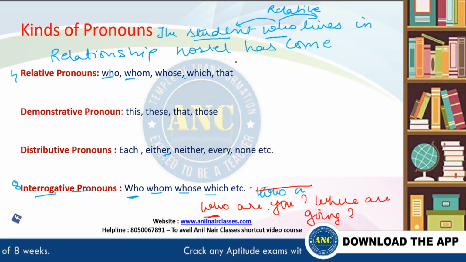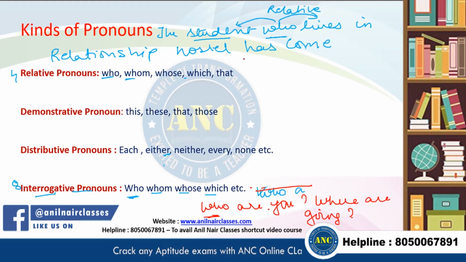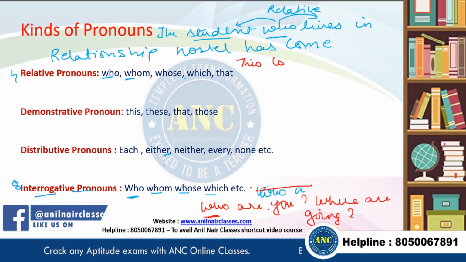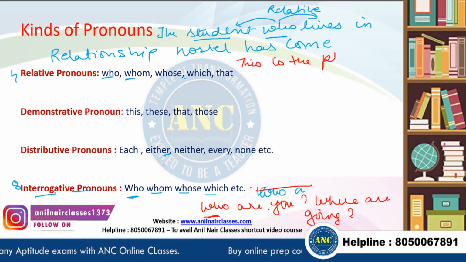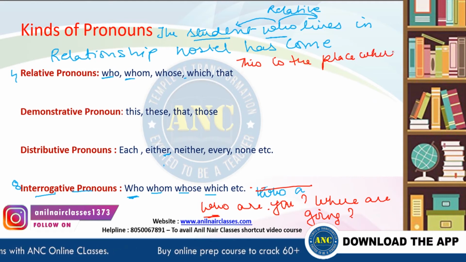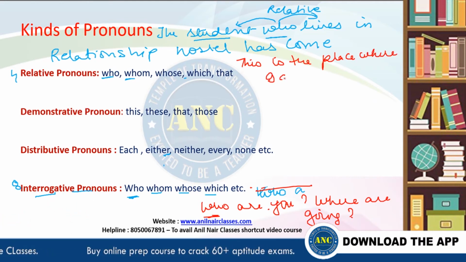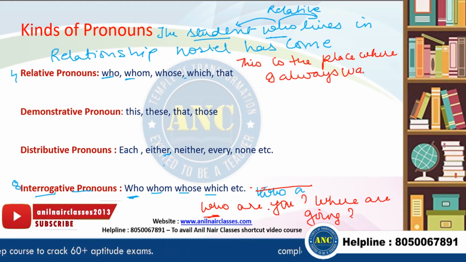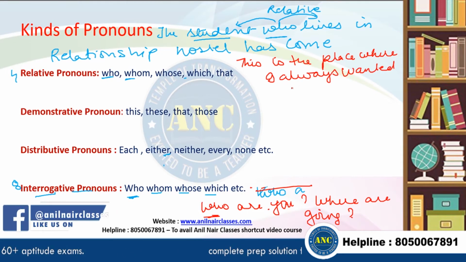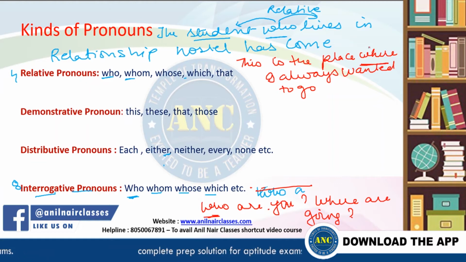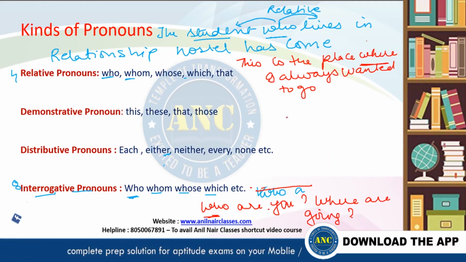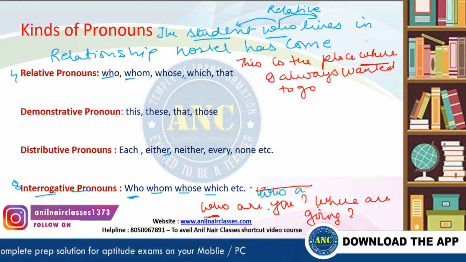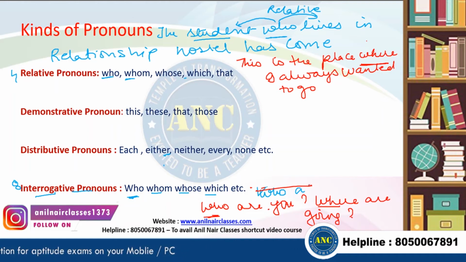Now if I say this is the place where I always wanted to go, here the word where is functioning as a relative pronoun, whereas when I say where are you going, this where is an interrogative pronoun.